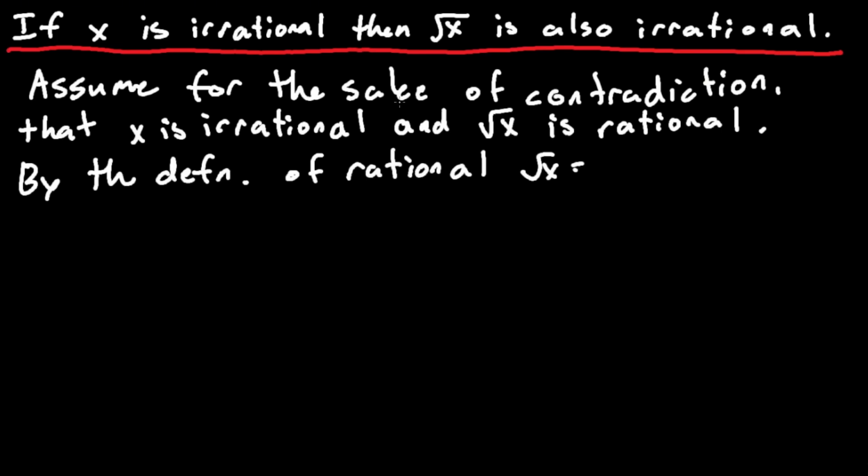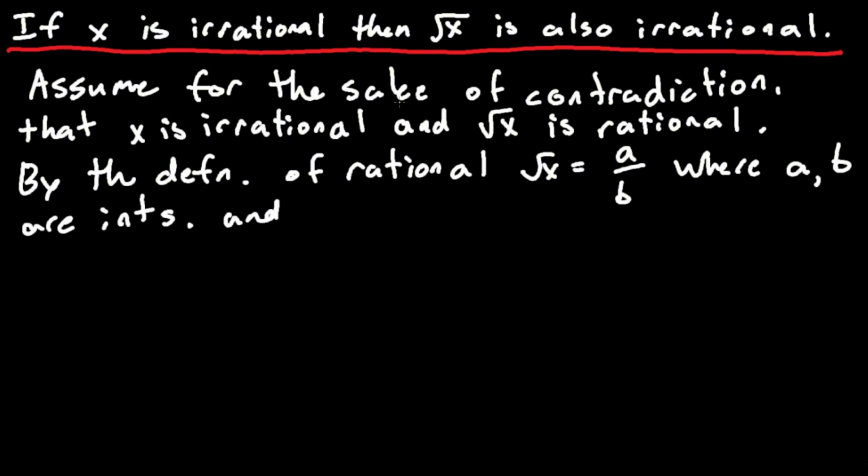The square root of x is equal to a over b, where a and b are integers and b is not equal to 0. It wouldn't make sense if the denominator was equal to 0 inside of a fraction. All right, once we have this, what do we do? Well, remember, x is irrational. So how do we turn the square root of x into x? We can compare these two. Well, we can square this.